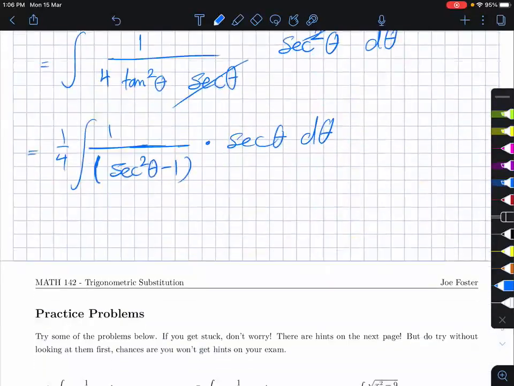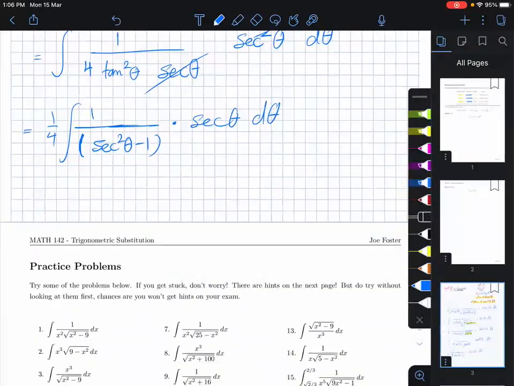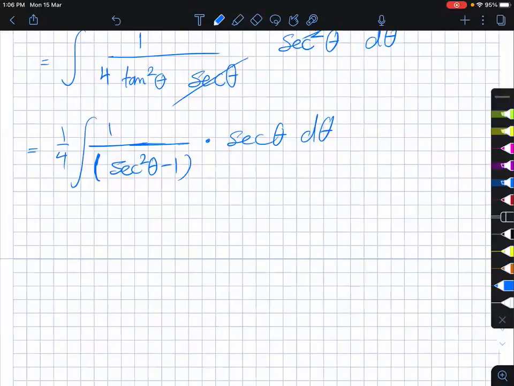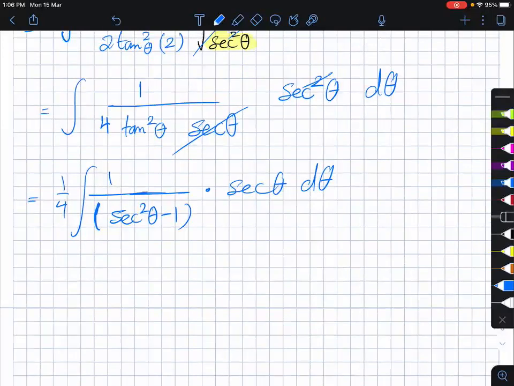Okay, and then here, can we cancel out again? No, we cannot cancel secant theta with the secant squared. So leave it as sec theta over tan squared theta, and try to simplify it.